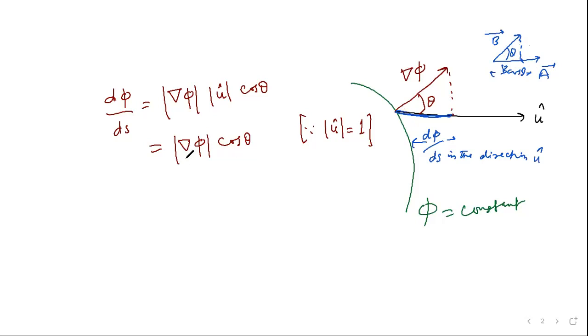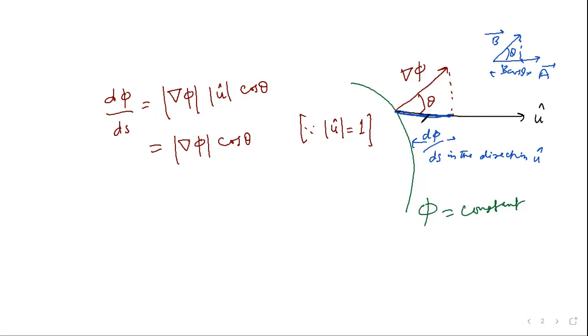Likewise, magnitude of gradient of phi cos theta is simply this length, right? This is the component of gradient of phi in the direction of u cap, and which is equal to d phi by ds in the direction of u cap.